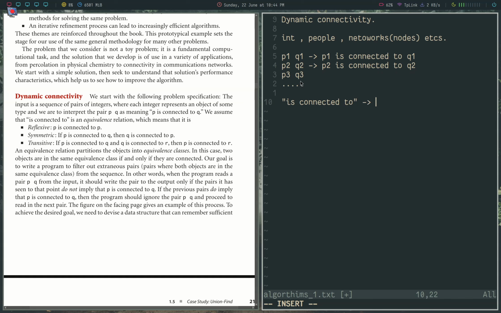It means that it's an equivalence relation. To satisfy the condition of an equivalence relation, that relation must be reflexive. Reflexive means that a pair such as P comma P should exist. In English, P is connected to P.